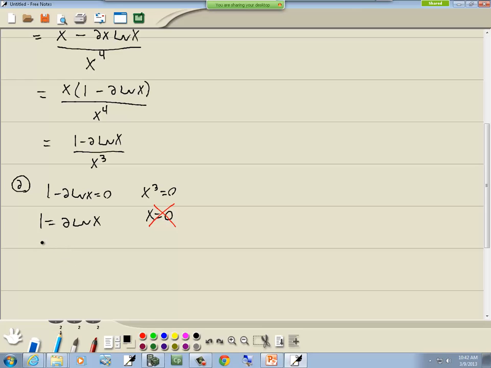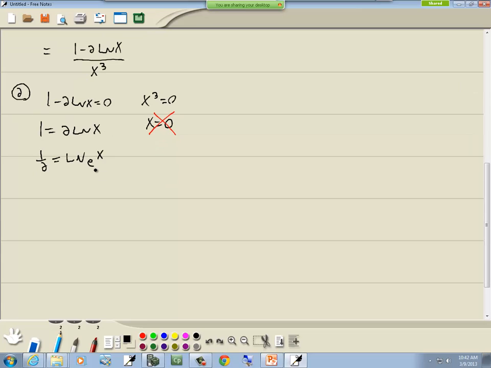So I divide both sides by 2. Now remember, when you got natural log, that's base e. And I'll put it there, even though it's technically incorrect to put it there, just to really emphasize the next step. Our next step is you take your base to a power of the other side equals what follows your log. Our base is e, so we'll take e to a power of the other side equals what follows your log.